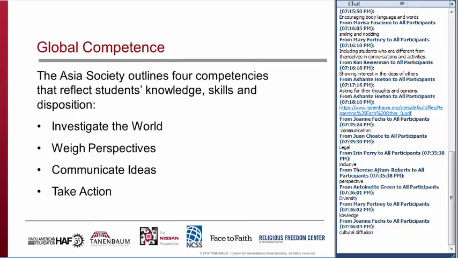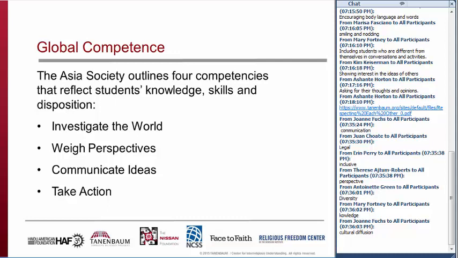So the Asia Society, one of our partners, we respect their work so much, have outlined 4 competencies of global competence for students. And these competencies reflect students' knowledge, skills, and their disposition. So, if you will, some of the things we've been talking about, that it's not just what they know, but that there are skill sets that the students have, as well as a disposition, as well as a character about the idea of global citizenship.